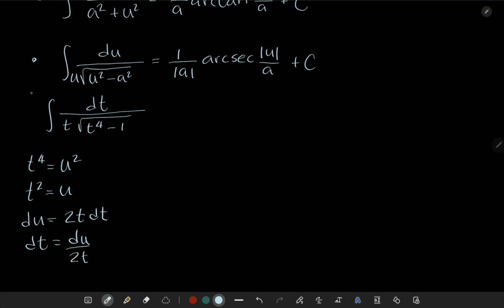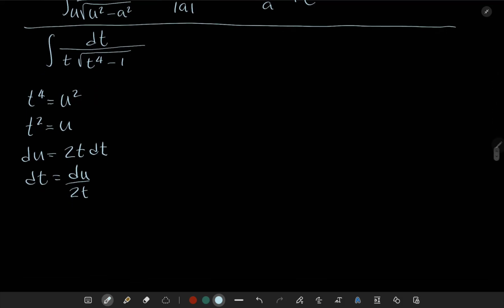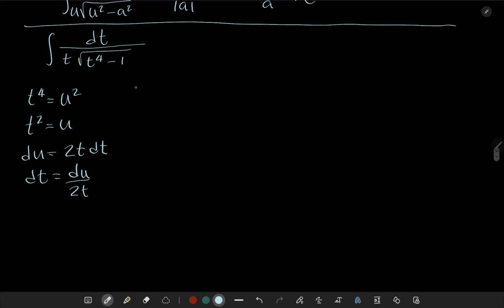And let's go ahead and plug everything in. I hope that's not too confusing. So we just wanted to compare to the integral we had for the arcsecant, and we noticed that t squared would have to be u squared, and then you have a t, but we don't really know what that's going to look like just yet. So we're going to plug everything in to see what happens.